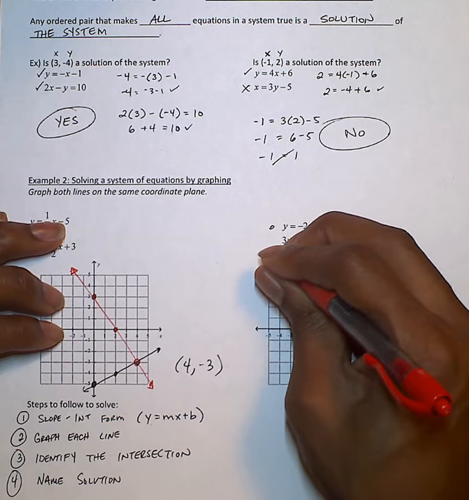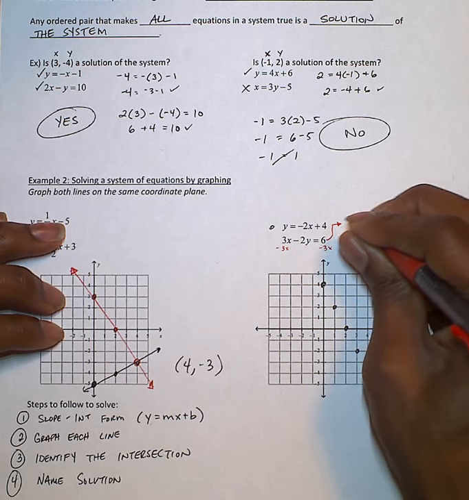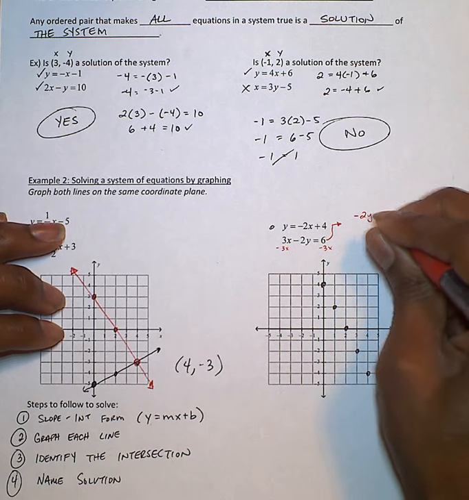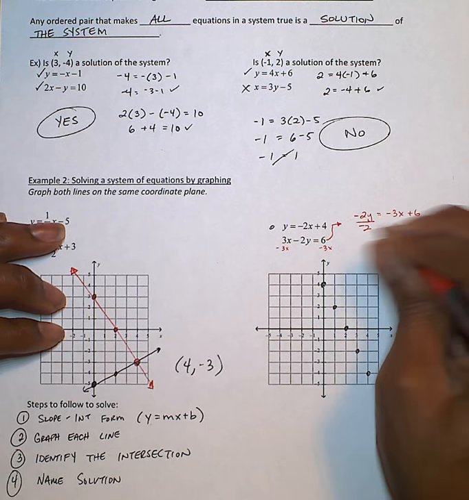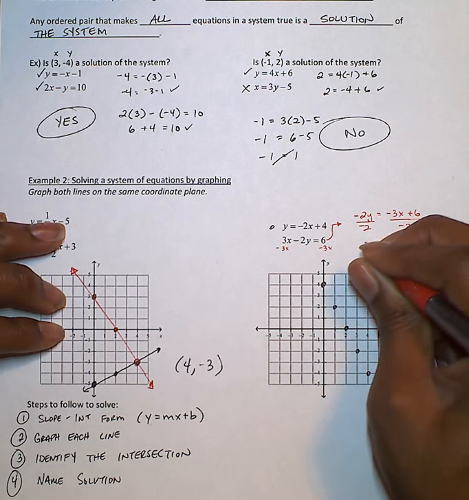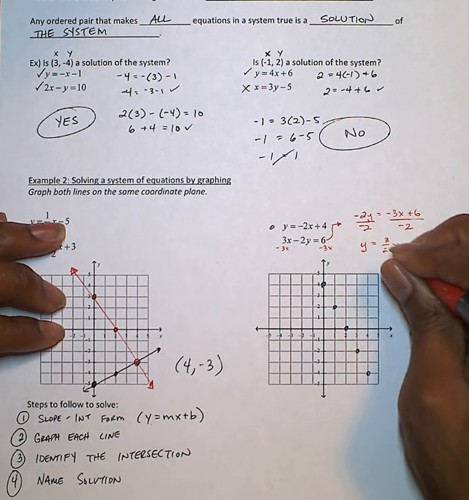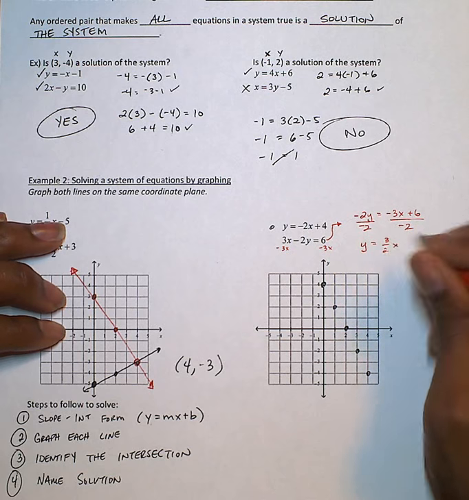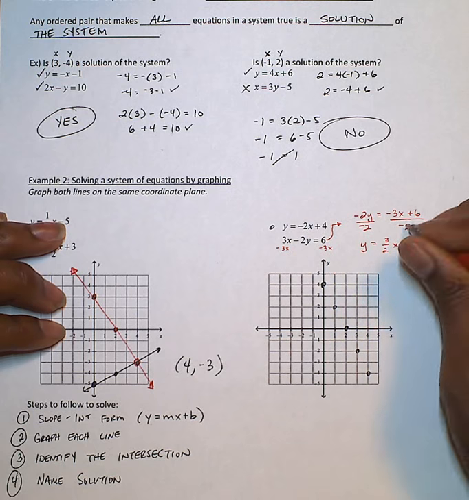I'm going to subtract 3x from both sides, and I have negative 2y equals negative 3x plus 6, and then I'll divide by negative 2, and so I'll have y equals 3/2 x, because negative divided by negative is positive, minus 3, again because positive divided by negative is negative.